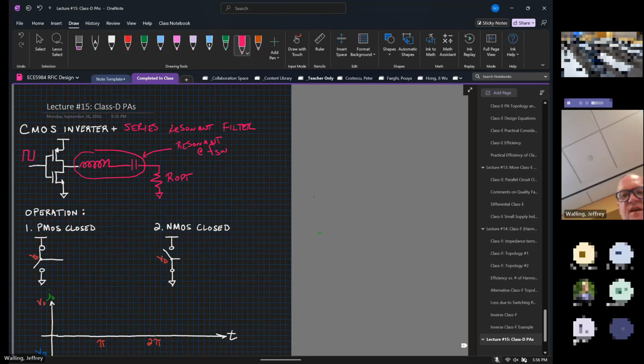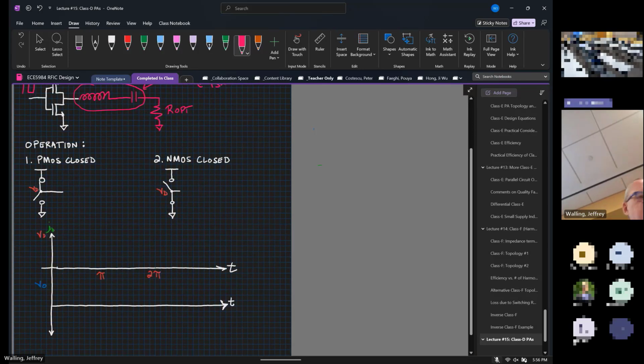So we have to figure out what the operation looks like. When the PMOS is closed, we have a sourcing current that's sourcing charge onto this capacitor. This capacitor is going to be charged from 0 up to VDD.